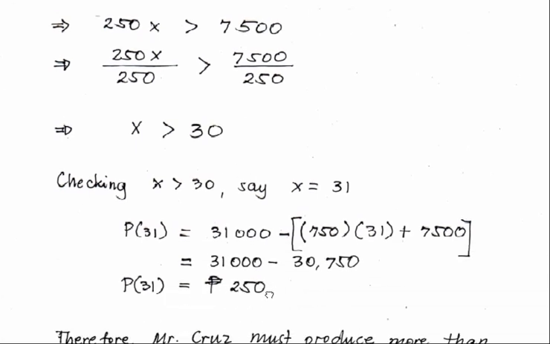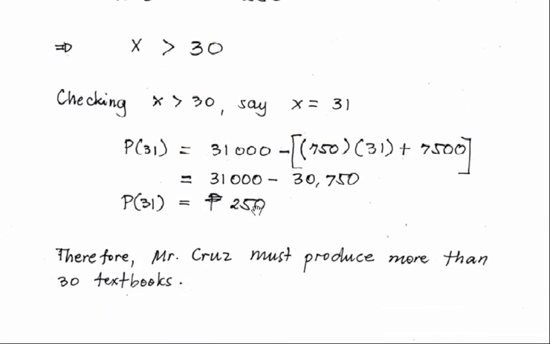Now checking, just to convince ourselves that Mr. Cruz has to produce more than these 30 books. Say x is greater than 30. I'm just getting excited to tell you the conclusion. Anyway, say x equals 31. What is P of 31?